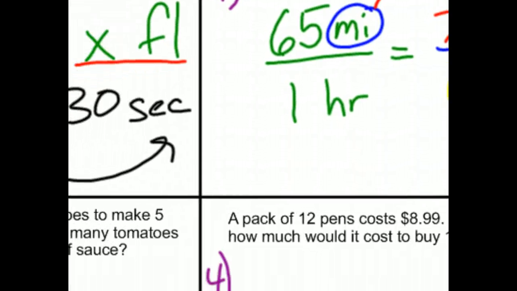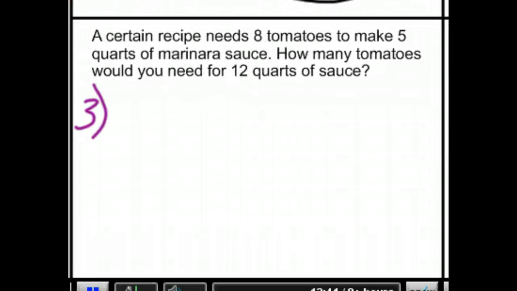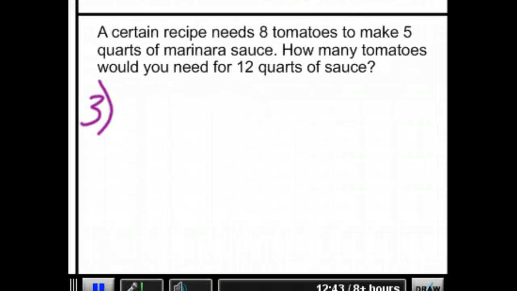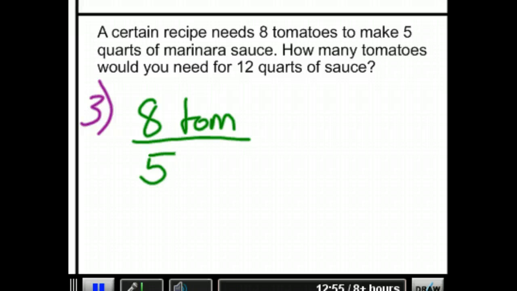A certain recipe for number 3 needs 8 tomatoes to make 5 quarts of marinara sauce. So we want to know how many tomatoes you would need for 12 quarts of sauce. Again, what we know is it takes 8 tomatoes for 5 quarts of sauce.